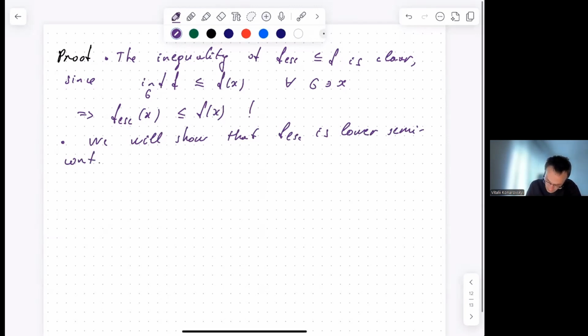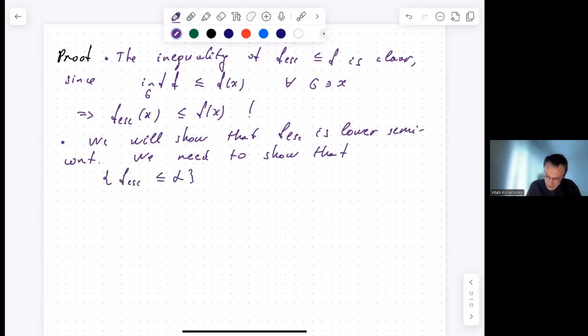We need to show that the level sets, f lower semi-continuous regularization less or equal than alpha, are closed for each alpha.